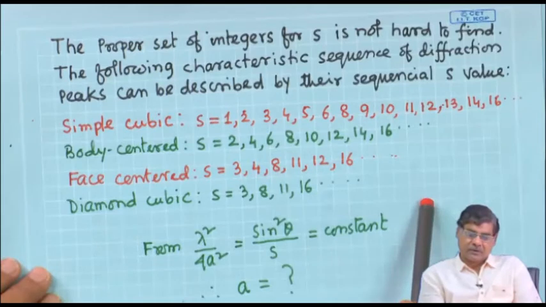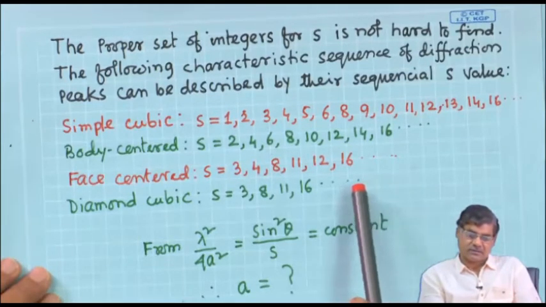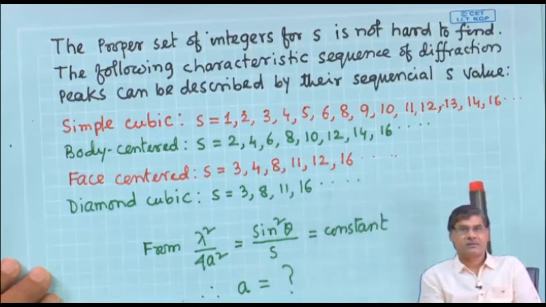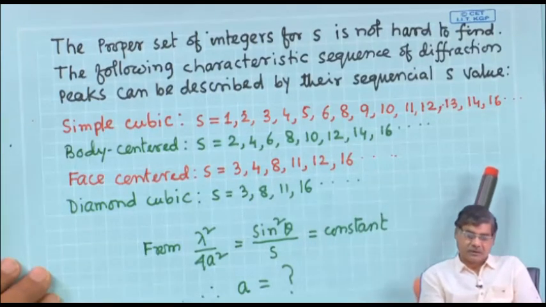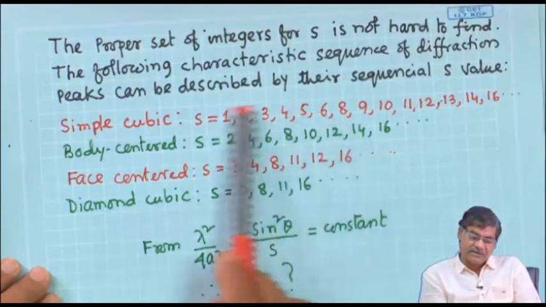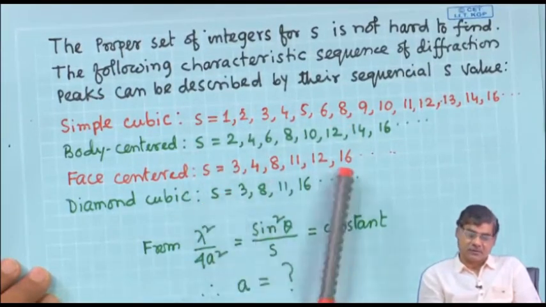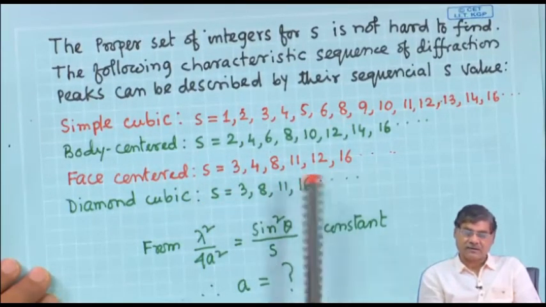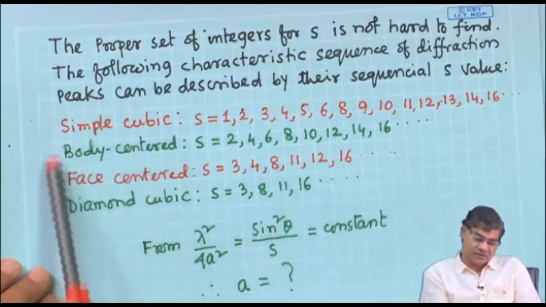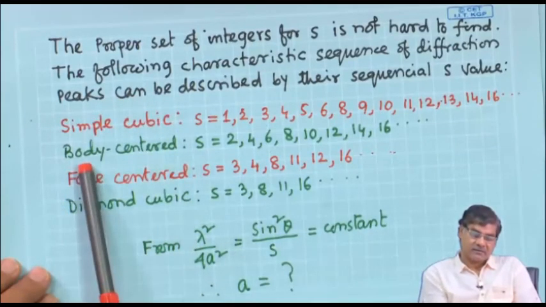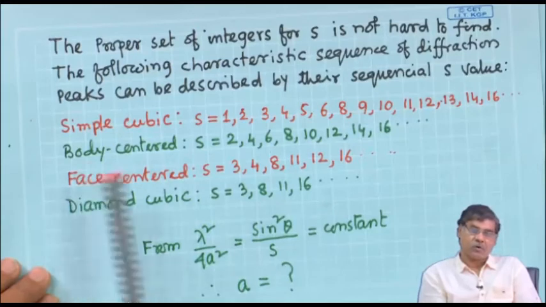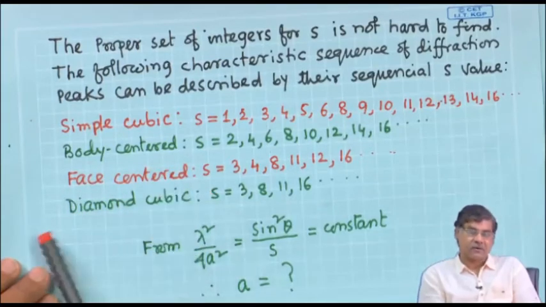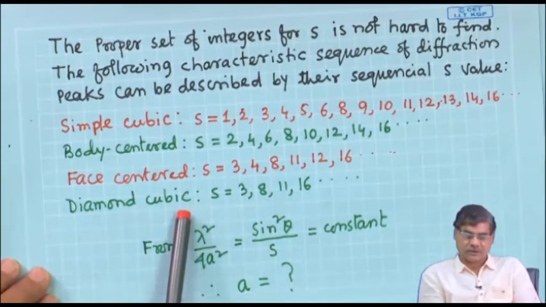So, diffraction from all planes is not allowed. Only for these S values can one get diffraction for simple cubic, body centered, face centered or diamond cubic.